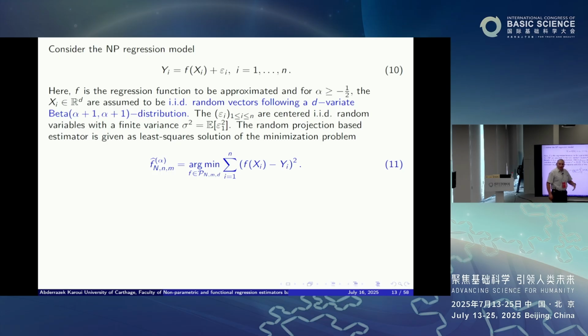Why is it possible not to consider the penalization part? We see that in this case, if the Xi follow the multivariate beta distribution, we don't need regularization.